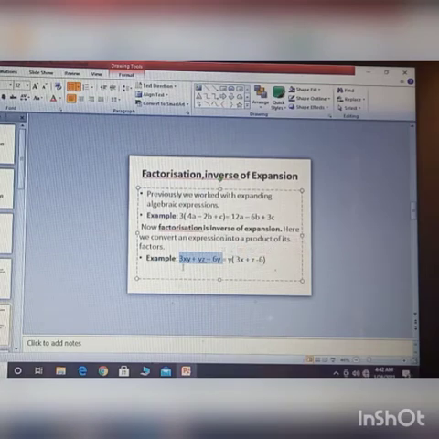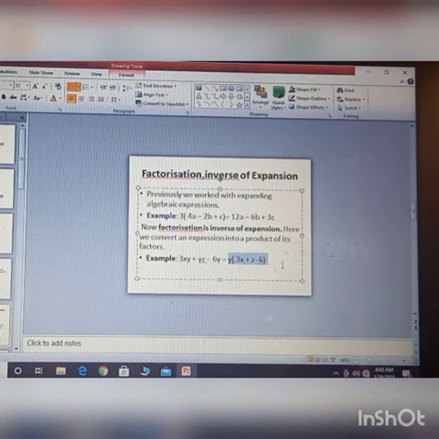Here 3 is written, here there is no number written, which means there is a 1, and this is minus 6. So no number is common in all three of them. And if you look at the variables, here it is xy, this is yz, and this is minus y. So yes, it's very clear that y is the common element in this whole expression.